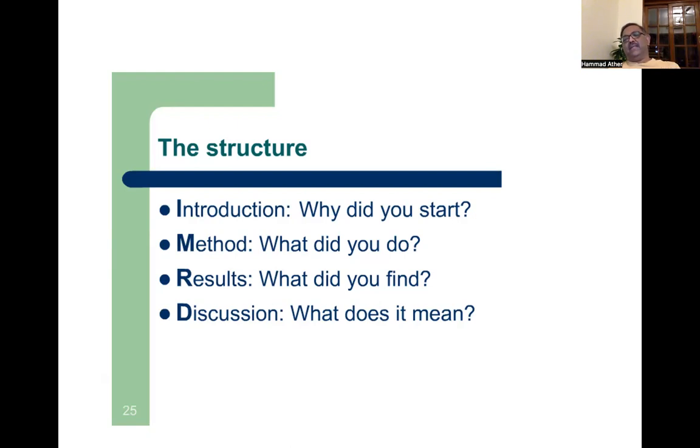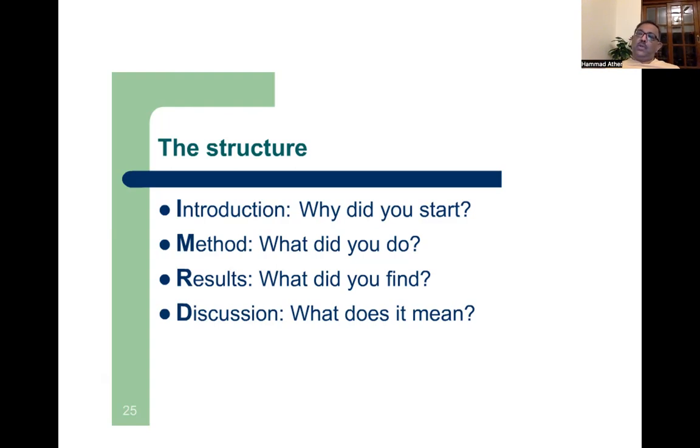When it comes to methods, what did you do? How have you done that? And you need to describe it as you have performed the study, with the intent that if somebody wants to duplicate your work, he or she will be able to do it by reading your methods. Results is what did you find?